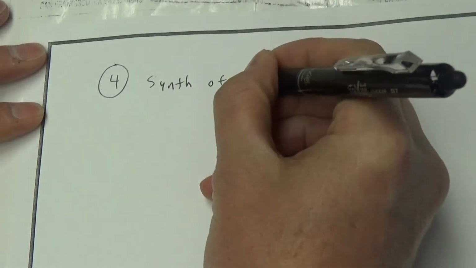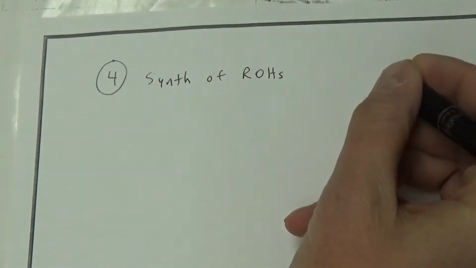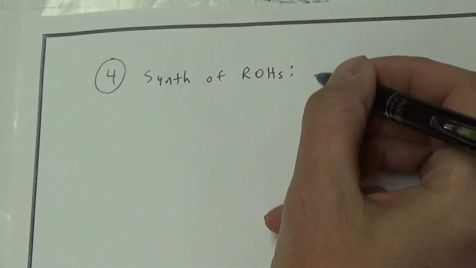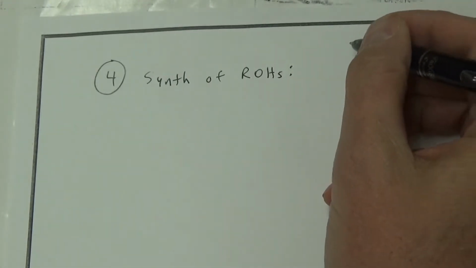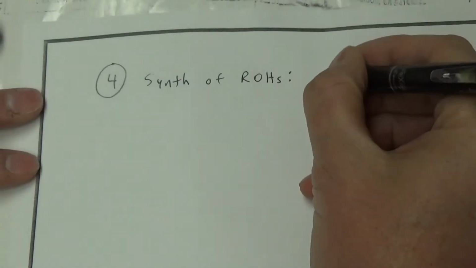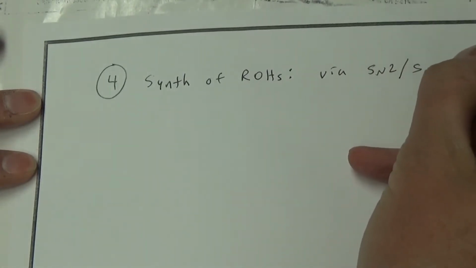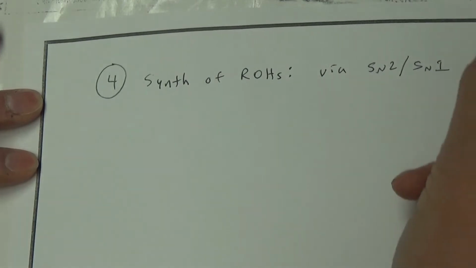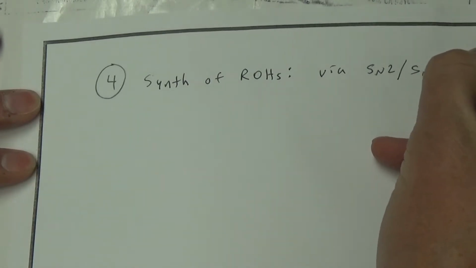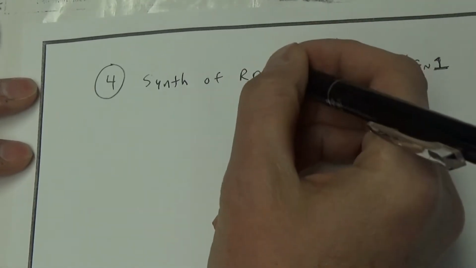Synthesis of alcohols. ROH, how do we make alcohols? There's a couple of different methods we can do this. One is via SN2, SN1 chemistry that you are familiar with because we just did a ton of work on SN2 and SN1.